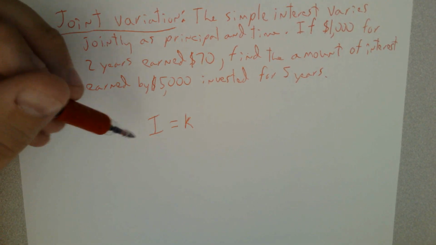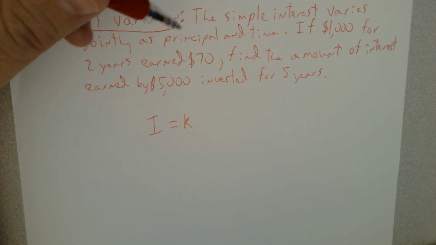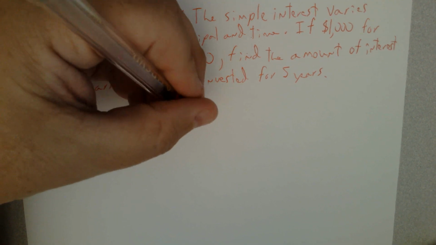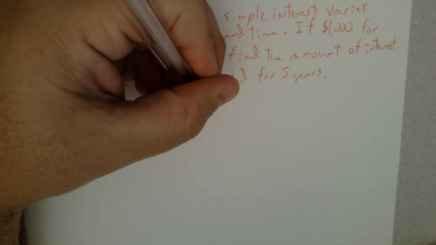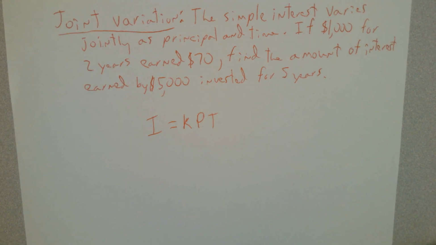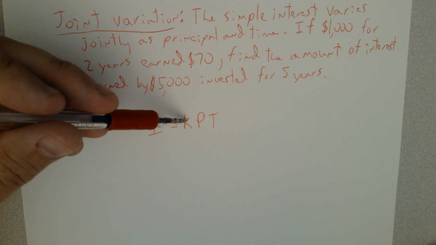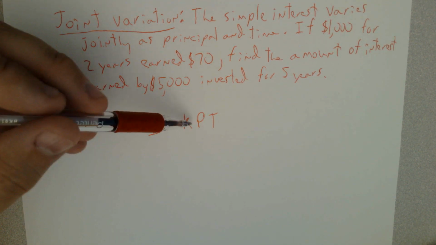Basically, we're building a fraction on this side in a case where we have something in the denominator. In this case, we don't. It says jointly by principal, which I'm going to use P to represent, and time, I'm going to use T. So I've got the interest varies jointly by this constant times the principal and the time.